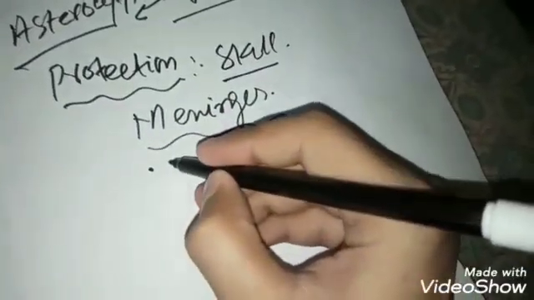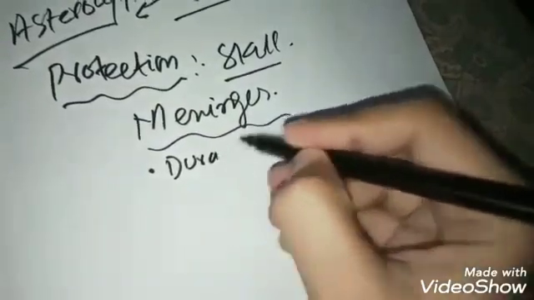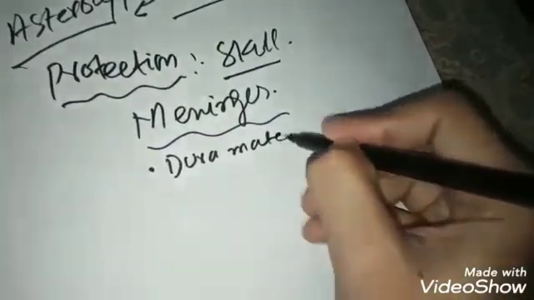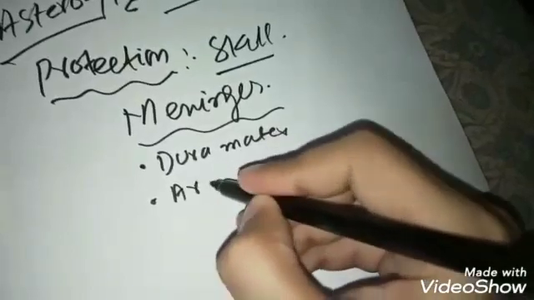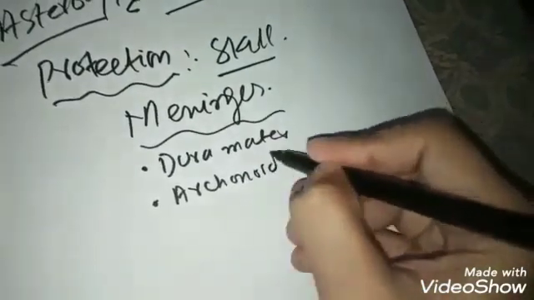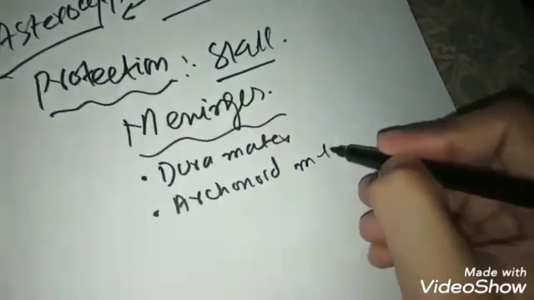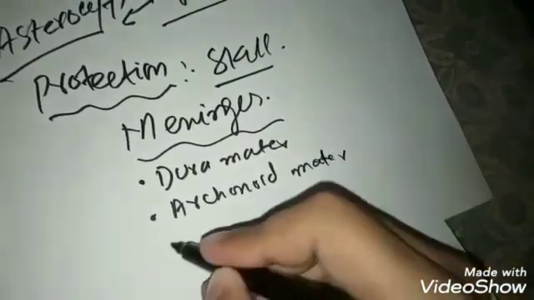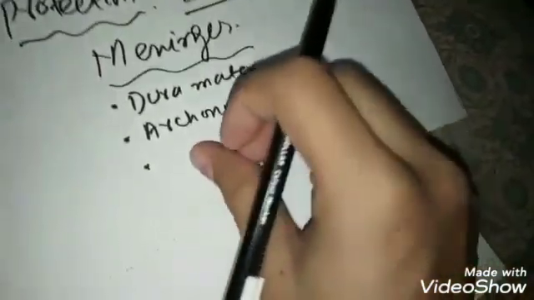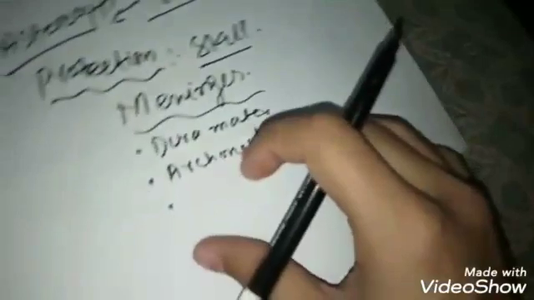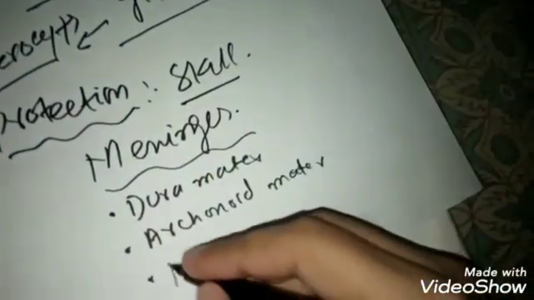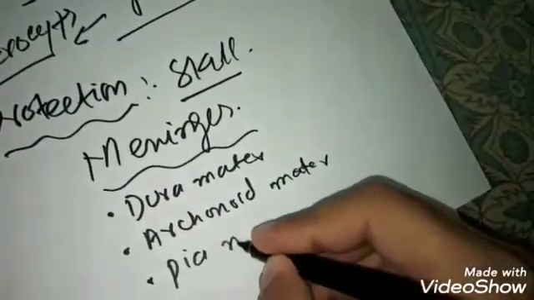There are three meninges: dura mater, arachnoid mater, and the last one, which is very tightly attached to the brain cells, pia mater.